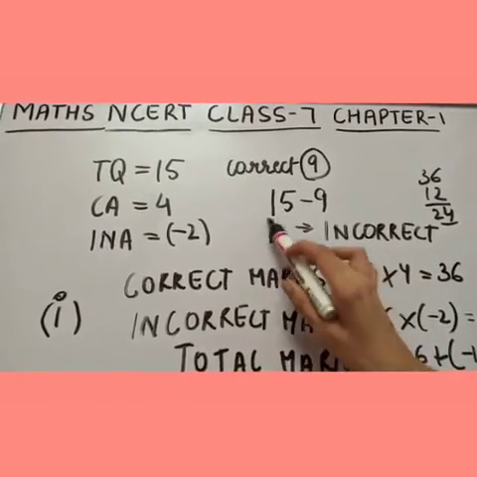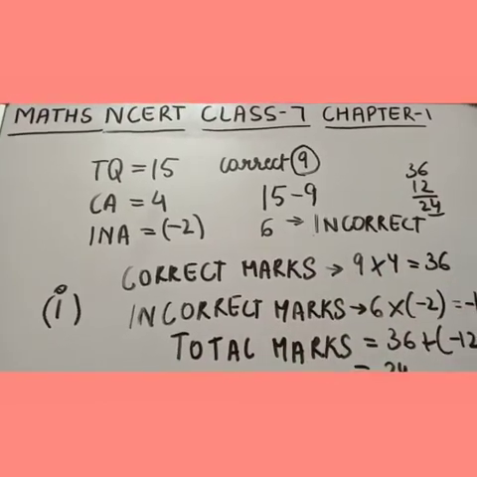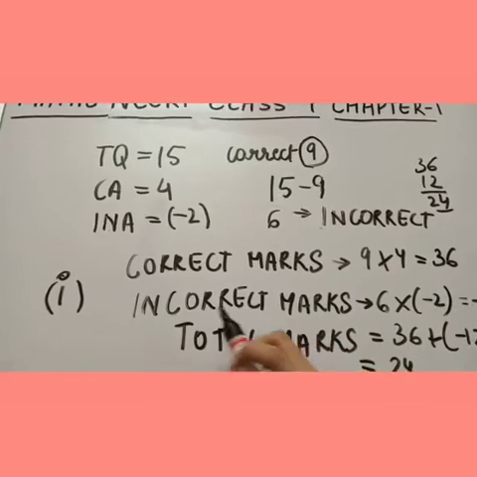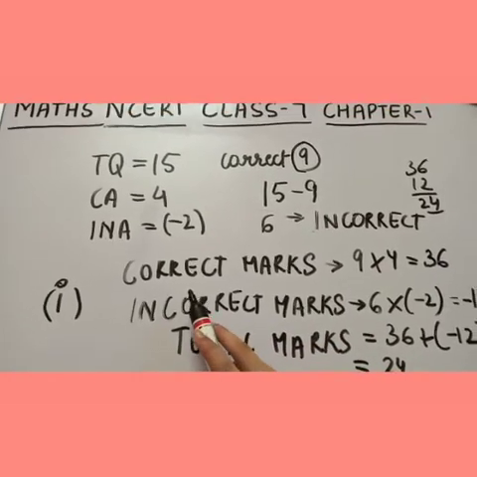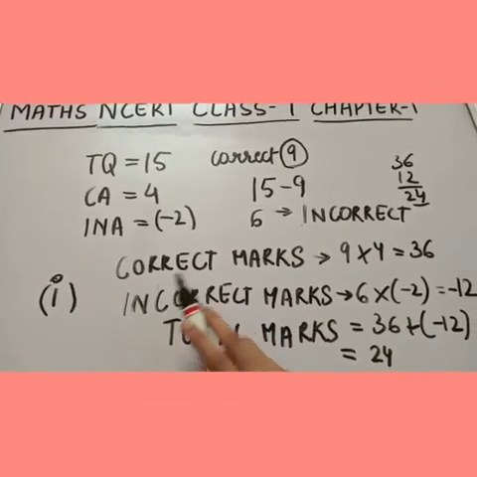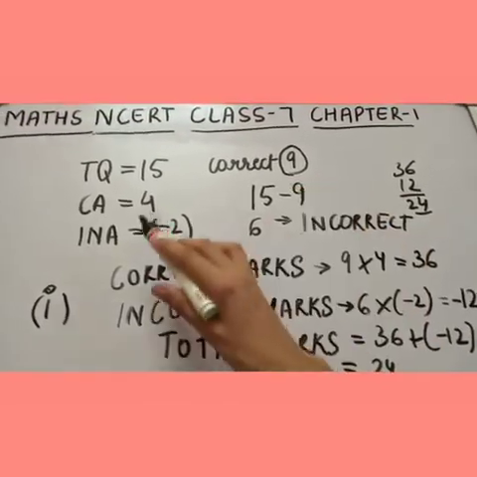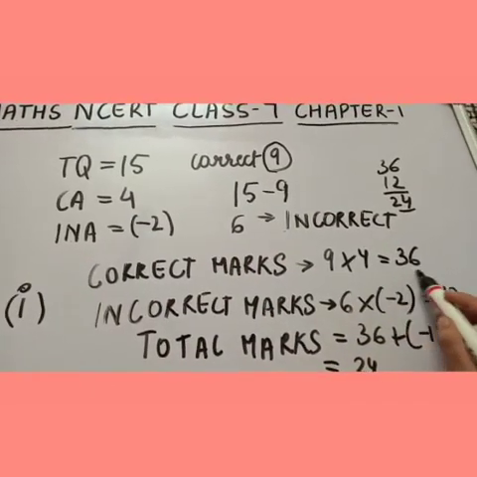So 6 will come as the number of questions Gurpreet got incorrect. After that, you will write the marks Gurpreet gets for correct answers equals 9 into 4. That will come out to be 36.